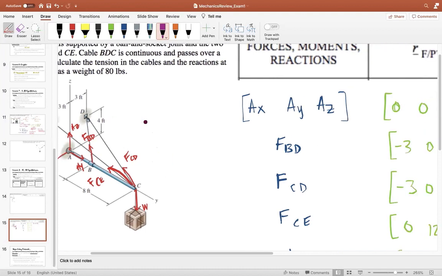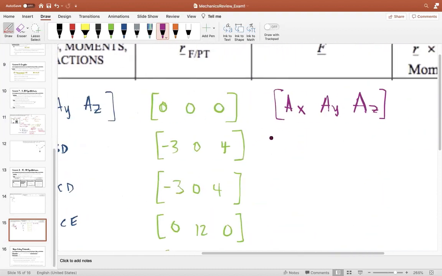Exactly. So that, divided by its own magnitude. So -3, -4, and 4 divided by, what's the square root of that? Oh, it's ugly, isn't it? 9 plus 16 plus 16 is 41. So, root 41.